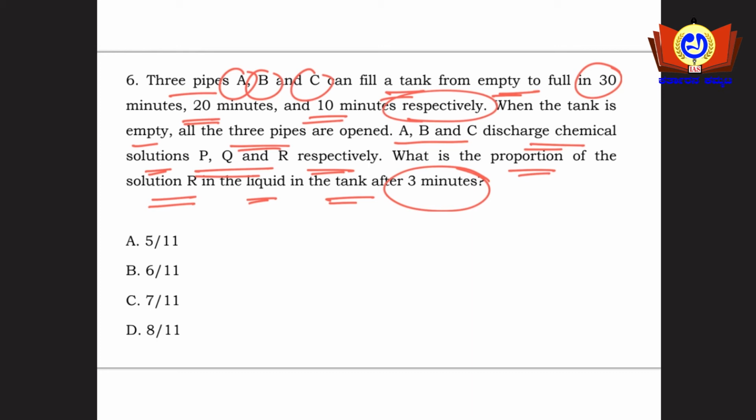What they have asked is, what is the proportion of solution R in the whole liquid in the tank after 3 minutes of all the pipes being open? I will be solving it on the next page.